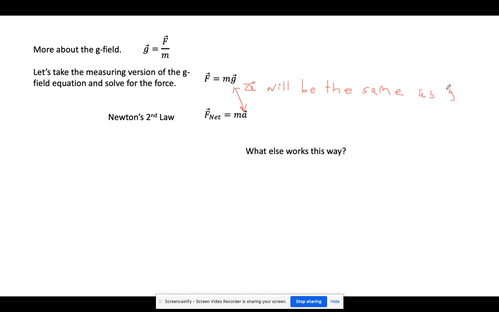Your acceleration will be the same number as the gravitational field number if gravity is the only force.